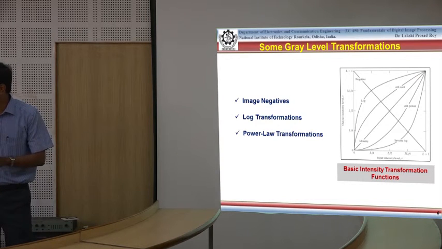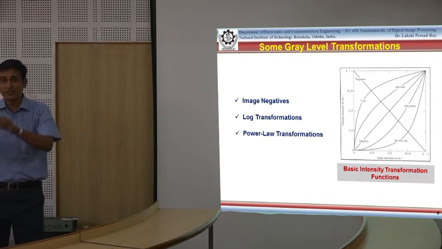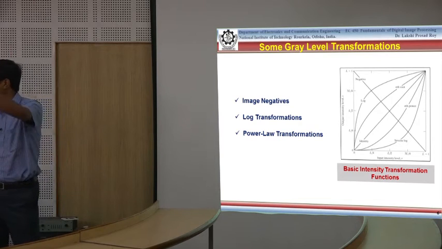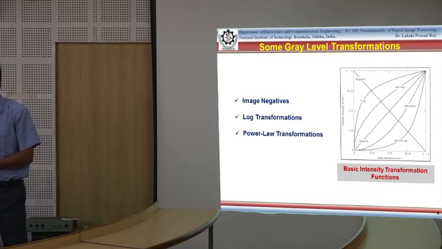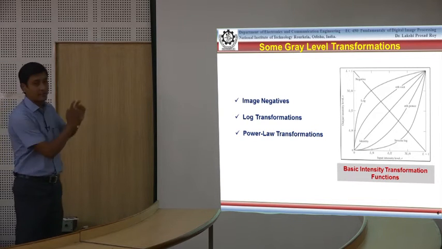Is it not? The curvature goes this way: for lower values, the push of the intensity values in the output image will be more compared to the higher R values. Purely that is the meaning of the curvature I am talking about.